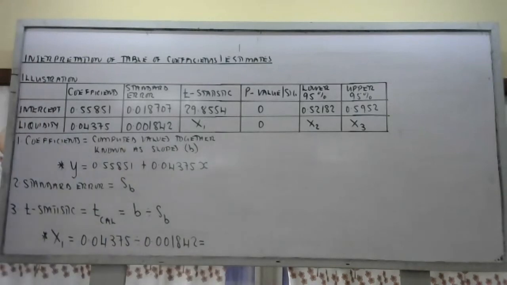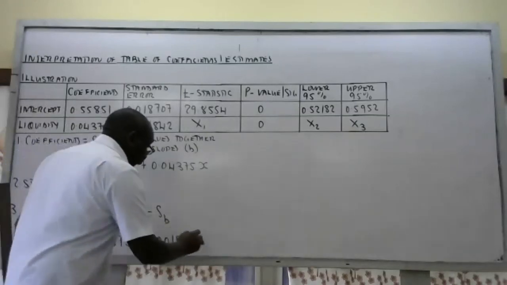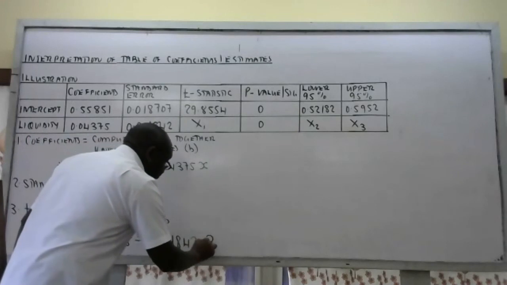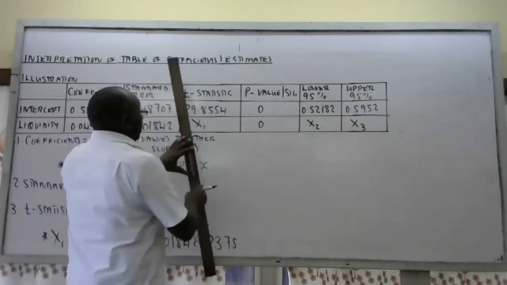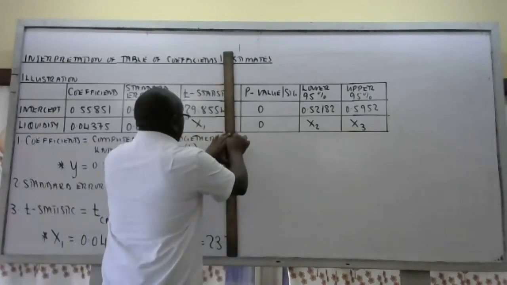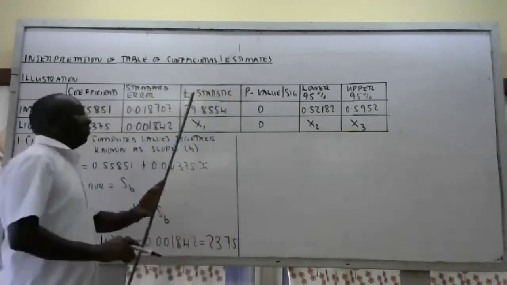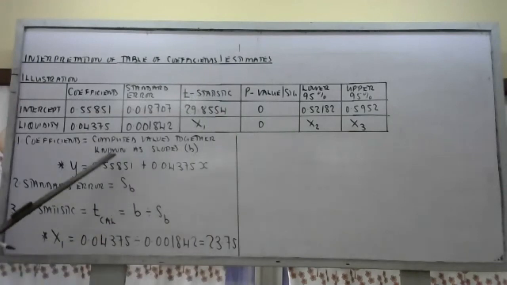So that X1 that is missing is 23.75. So if you are to come across any of those values that is missing, this is B, this is SB.